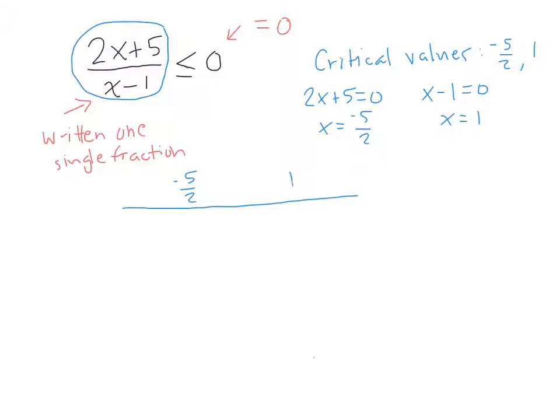So when we take a look at making our sign chart, we have negative 5/2, or negative 2.5, and 1, and we do just like we did with our polynomial inequalities, and we do some test points in each of the intervals that we have. So we've got an interval here, here, and here, and we're looking to see whether that rational function is above the x-axis or below the x-axis.